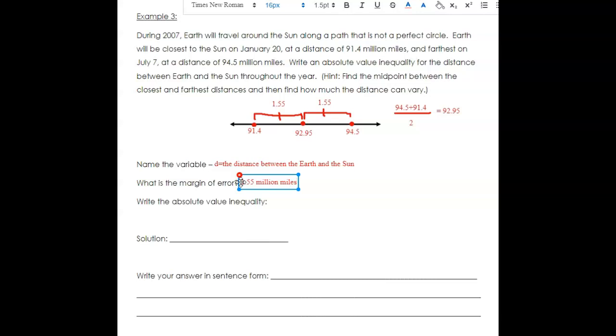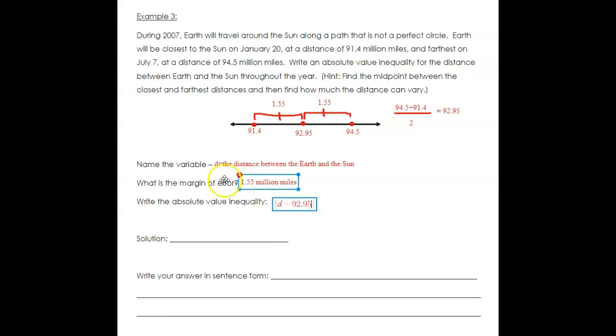The absolute value inequality, I'm going to have to use my equation tool. So it's the absolute value of my variable, d, and its difference with the average, the middle number, which is 92.95. We'll just measure this.